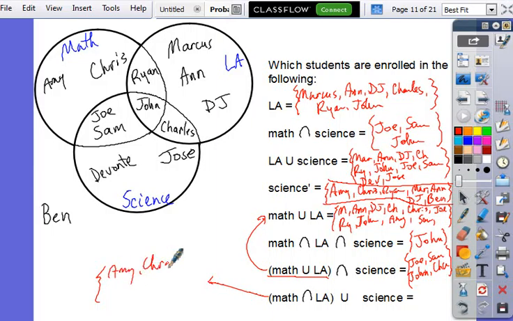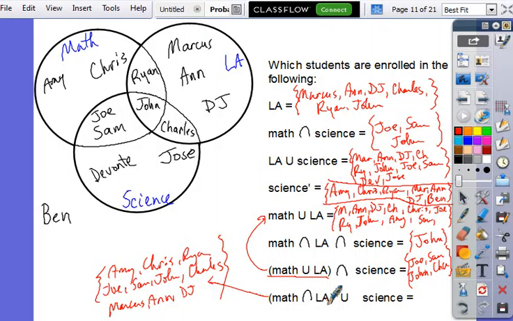Chris, Ryan, Joe, Sam, John, Charles, Marcus, Sam, and DJ. All right, so there's just this first part now. So these names are math intersected with language arts, right?